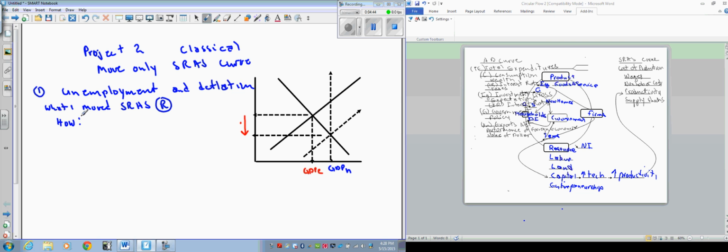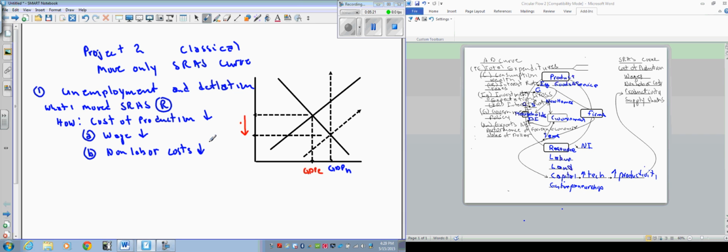Now, according to classical economics, in order to move the SRAS to the right, cost of production must decrease. And classical theory says that that decreases because wages decrease. And the second thing is non-labor costs decrease.